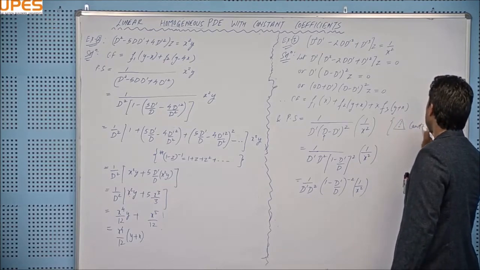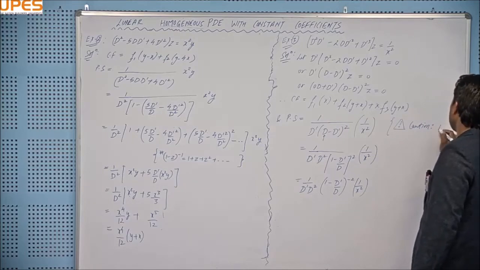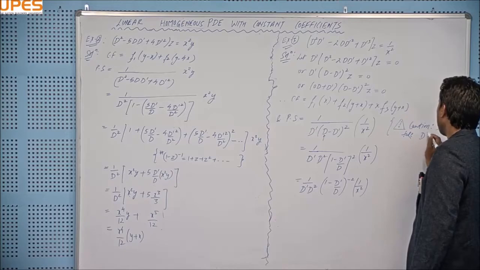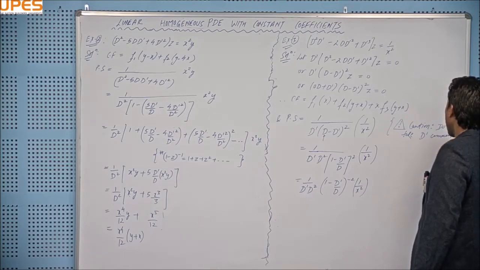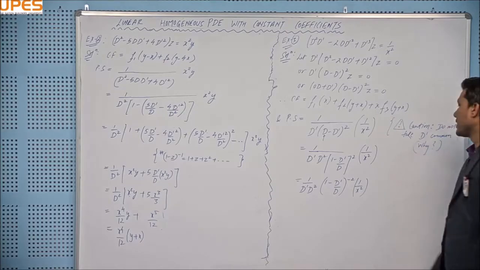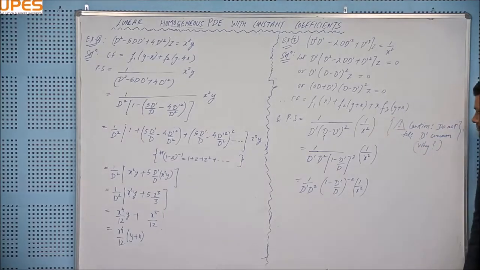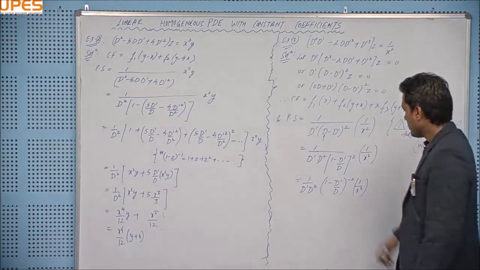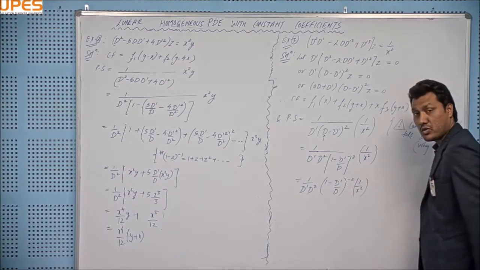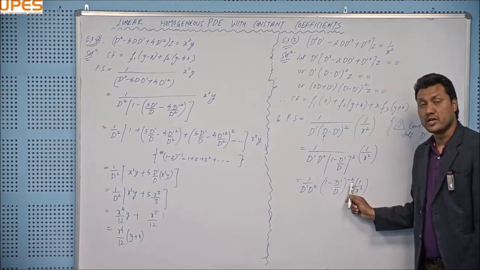Caution, right? Do not take d dash common, and why? You can find the reason by yourself, right? So now expanding this, you must know the formula of 1 minus z whole to the power minus 2.